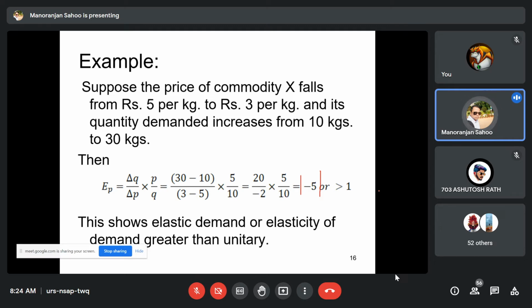We can say this is relatively elastic demand. How to interpret this result? If the price reduces by 1%, quantity demanded will increase by 5%, and vice versa.